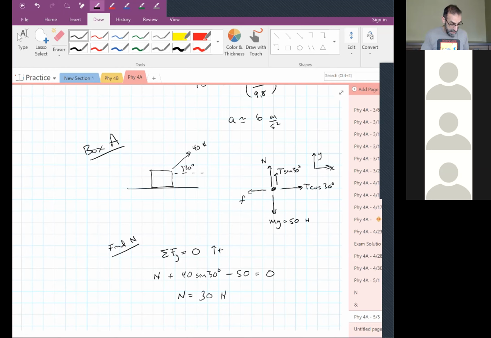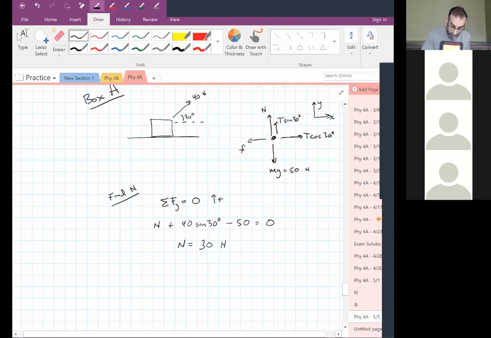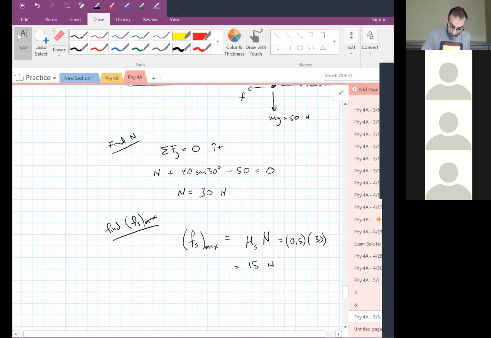So what's my maximum static friction force now? So find it: 15, right? Mu. And does it move?